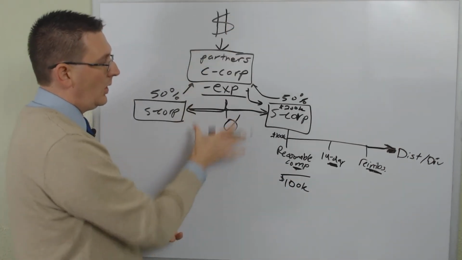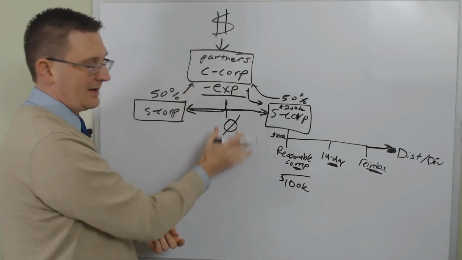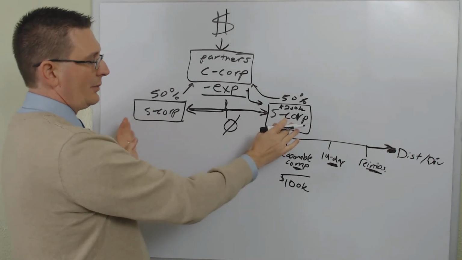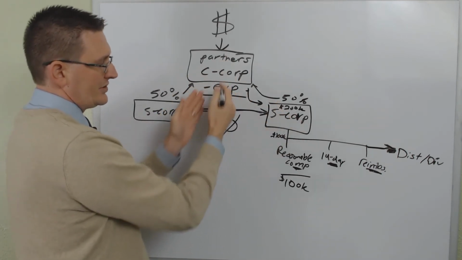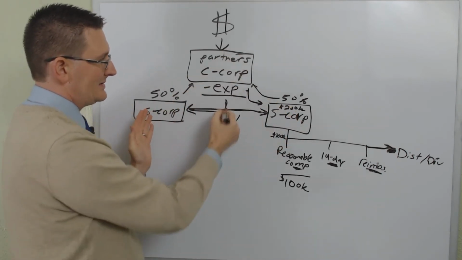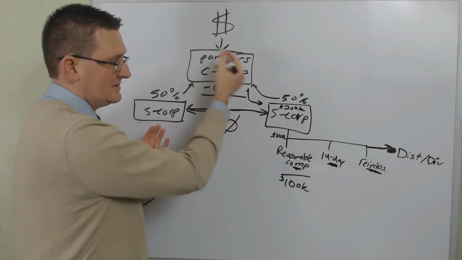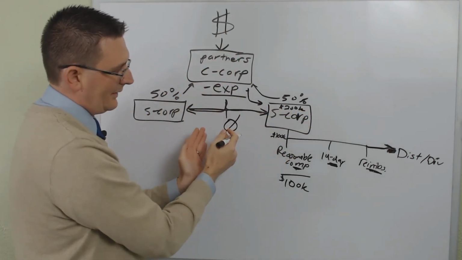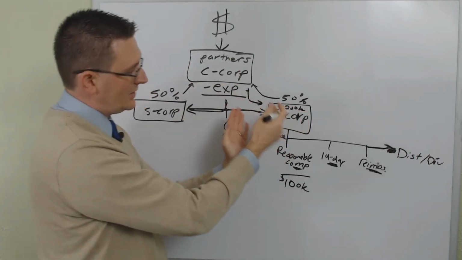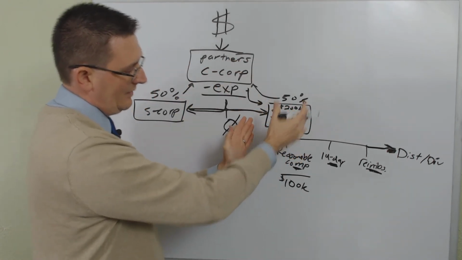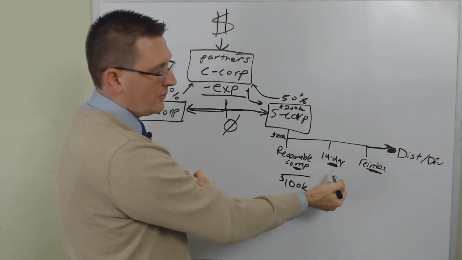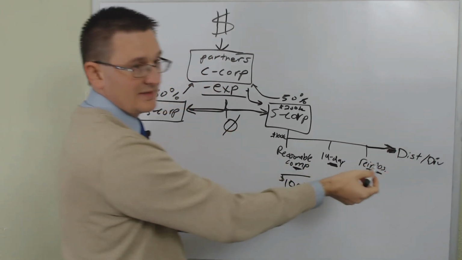The goal of this formation is to end with zero after the expenses. The S corporations would actually be paid as expenses by this business entity, right? So once those profits flow through into the S corporation, then you can do whatever else you need to do in here, like the reasonable compensation, the 14-day rule, the reimbursements, the distributions and dividends.